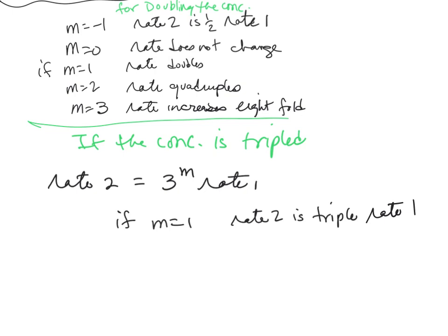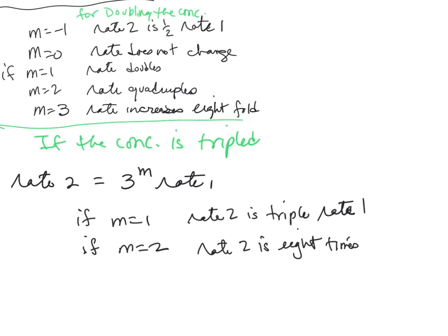And just one more here. If m is equal to 2, then you've got rate 2 is 3 squared, which is going to be 9 times rate 1.